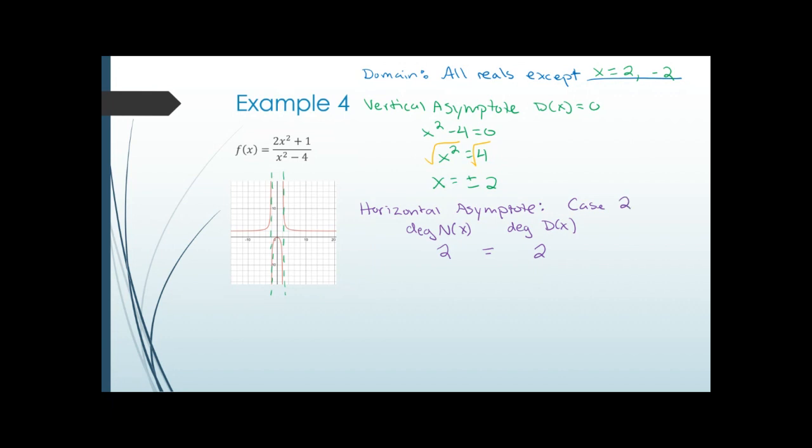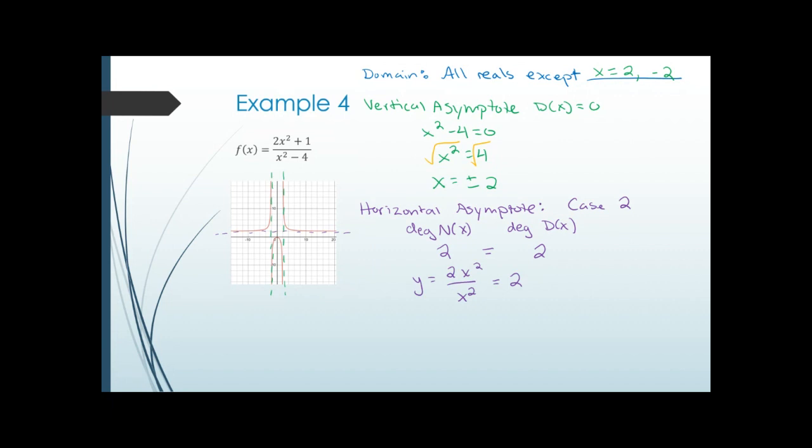And case 2 is when you ignore everything except for your first terms. So in this case, I'm just looking at the 2x squared and the x squared, and I'm ignoring everything else. When you follow the rules of exponents, those cancel, and once again our horizontal asymptote is at y equals 2. So that's here on the graph.